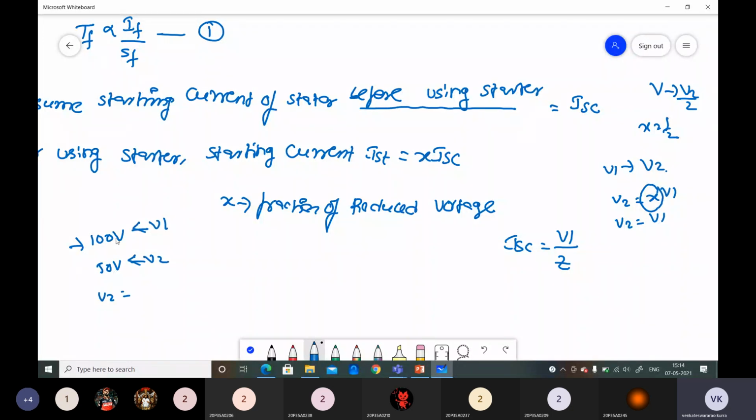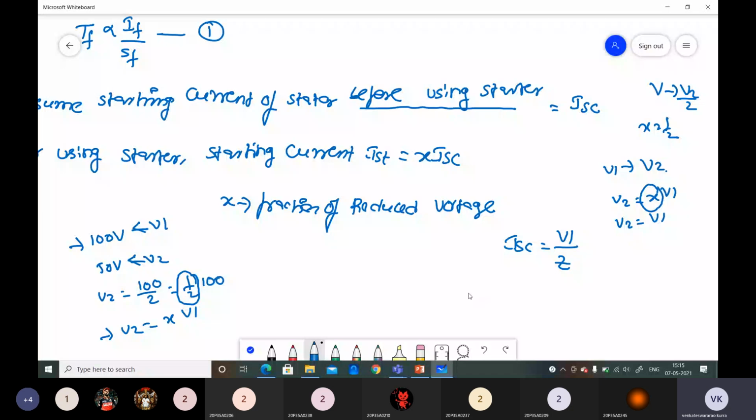Now V2 equal to 1 by 2 into 100, where 100 is nothing but V1. So this 1 by 2 is the fraction of the reduced voltage. Take it as X. So V2 equal to X into V1. V2 means voltage after introduction of the starter, and V1 is voltage before introduction of the starter.